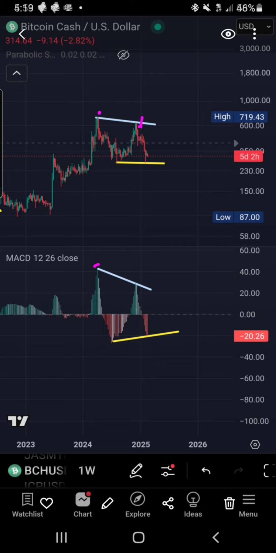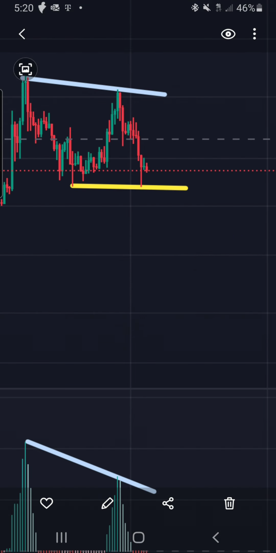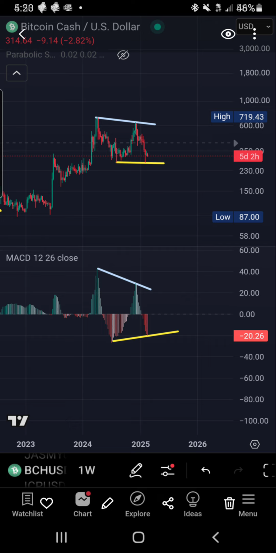Let me just double check. Okay, so again, no bearish divergence, right? Here we have higher low, lower low coming in. See how that technically is a lower low right there? Lower low, higher low. I've never seen bullish divergence.